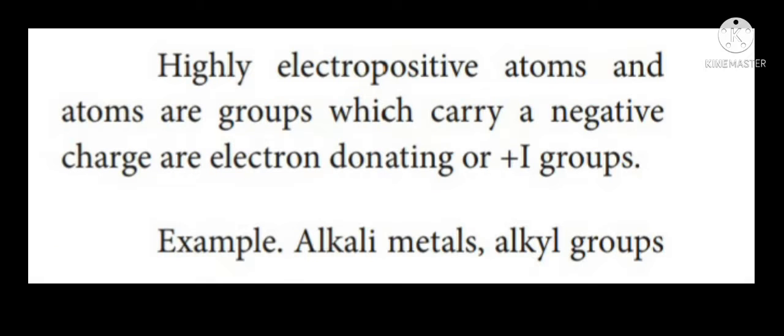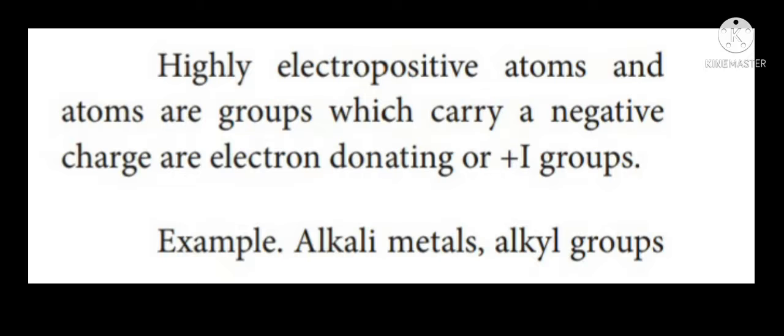Next one, what are plus I groups? Highly electropositive atoms and groups which carry a negative charge, or electron donating groups, are plus I groups. Here we have some examples for plus I groups.